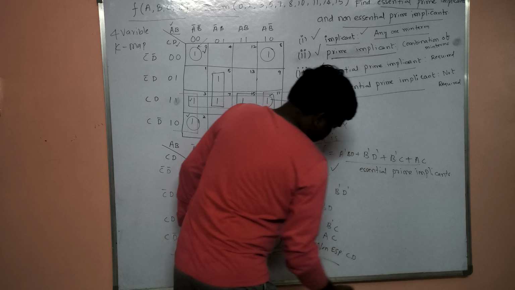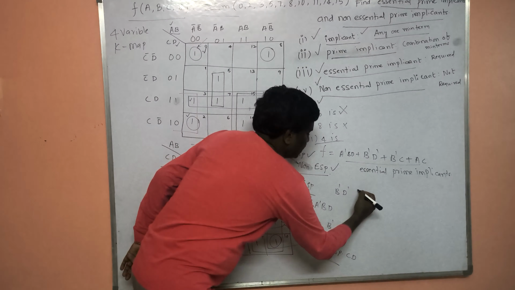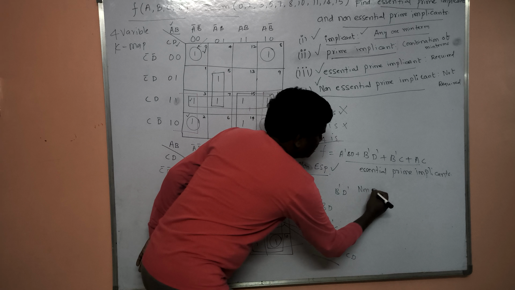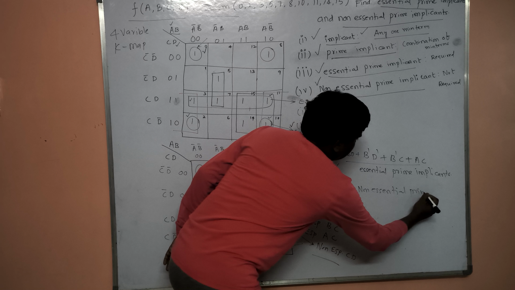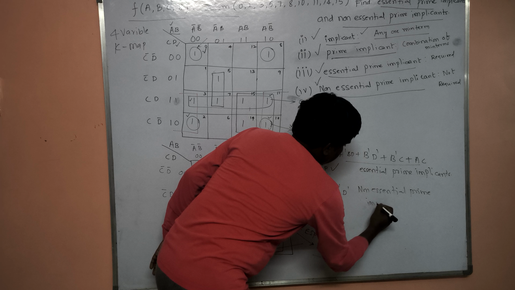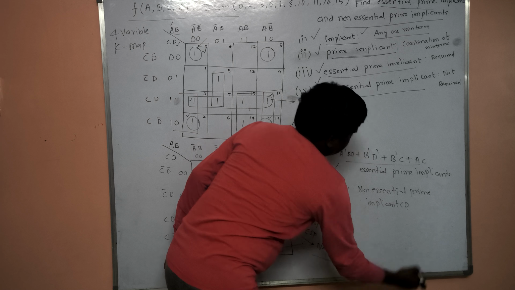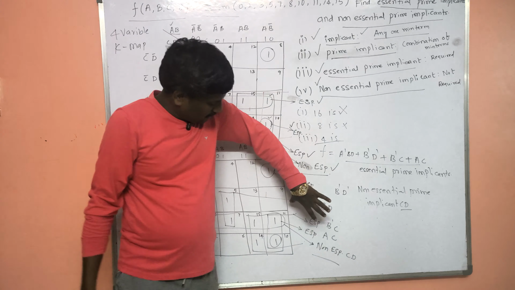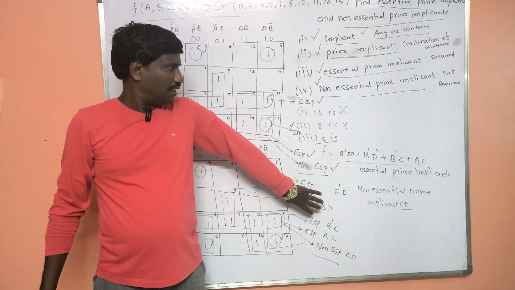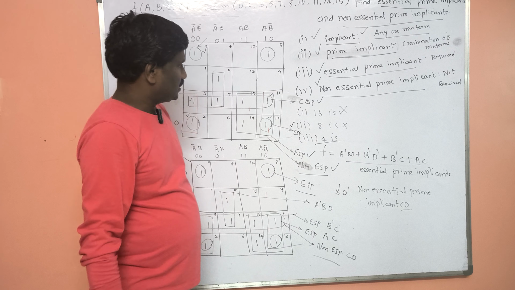Right. What about this CD? Non-essential. So CD is a non-essential prime implicant, when I implement like this. For this also you can write. What about this case?